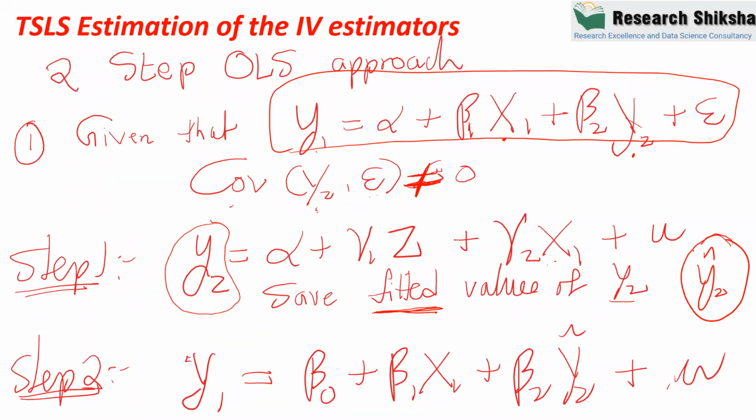So this is the predicted values of y2 from the first equation. I put this predicted value in the second equation, where y1 is my dependent variable, and x1 and the predicted y2 are my independent variables. If I run this model, the endogeneity biasness will vanish, and this is the solution of endogeneity biasness in the regression model.